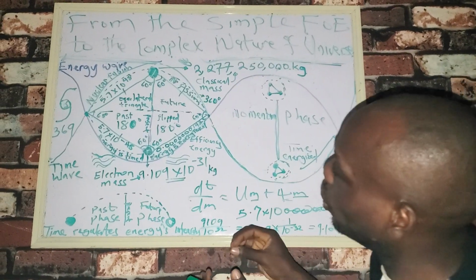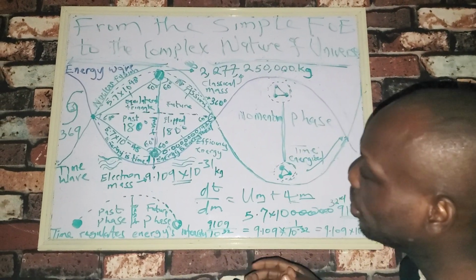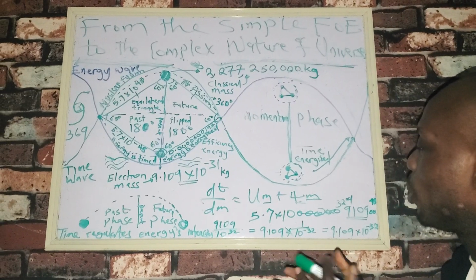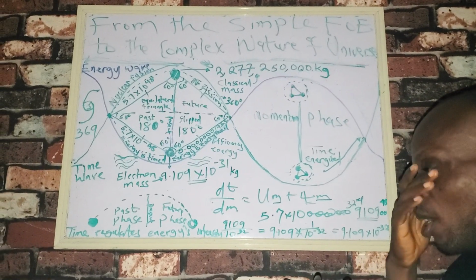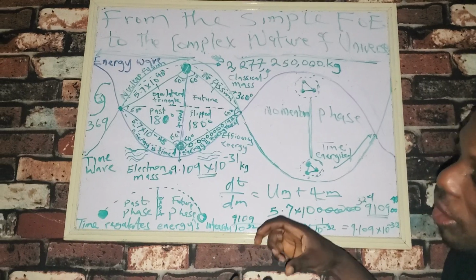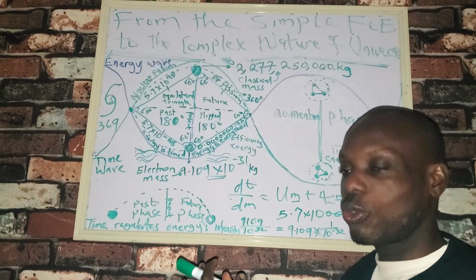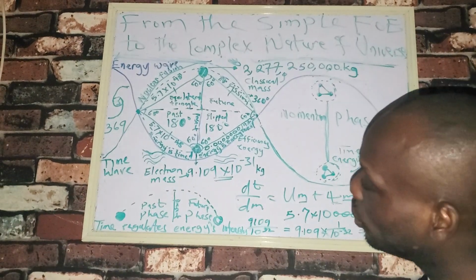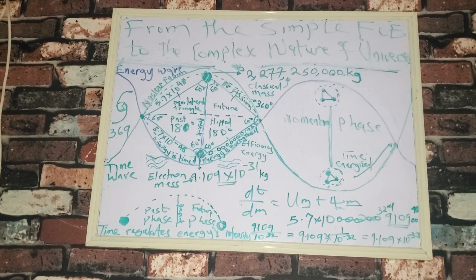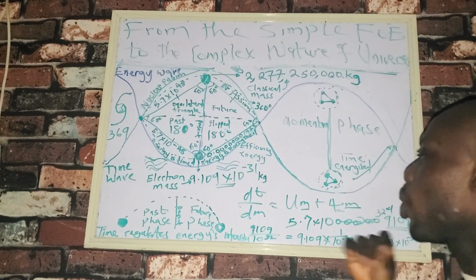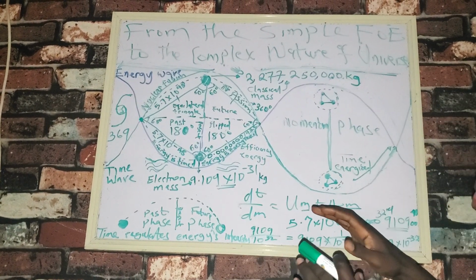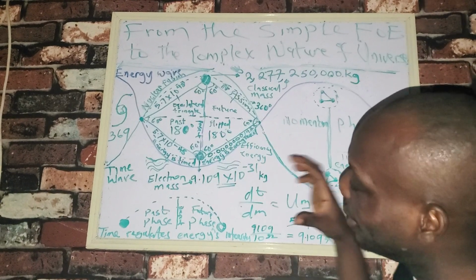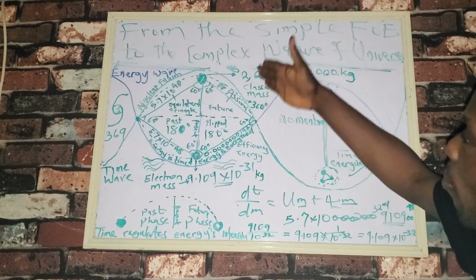So the position will determine whether the solution will be either optimized or part of the mass constituent will be exchanged for radiation or for heat. So that is that. We can see the dynamics here, and that dynamics is what actually leads to complex nature of the universe.